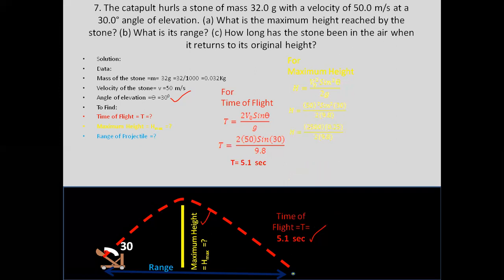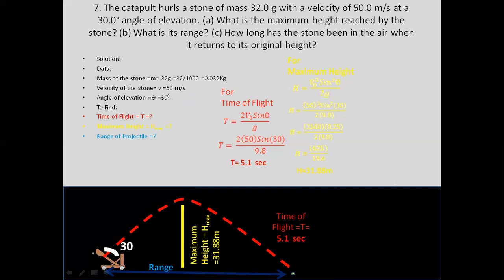Taking the square of 50, it will be 2500 into 0.25, which is sine square of 30, divided by 2 into 9.8. We get 625 divided by 19.6. The maximum height will be 31.8 meters. That means this much is the height of the projectile. So the maximum height it has reached is 31.8 meters.